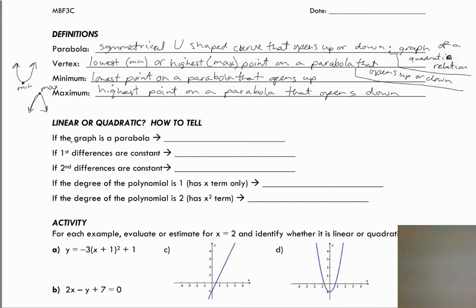How to tell? If the graph is a parabola, it is quadratic, obviously. If the first differences are constant, then it's linear. If the second differences are constant, then it's quadratic.